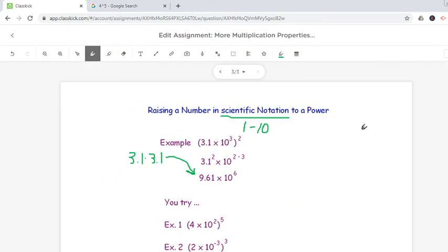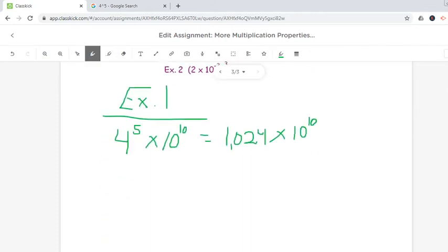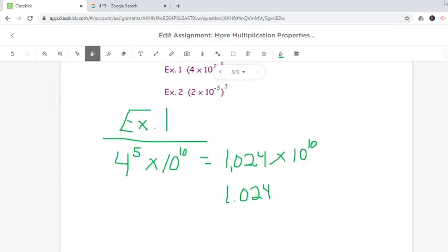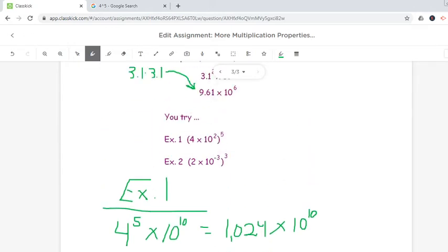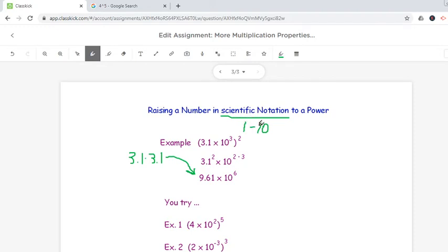1024 is way over here. I can't even write it. So we want a number between 1 and 10. That would be 1.024, because this number, basically 1, is between 1 and 10.